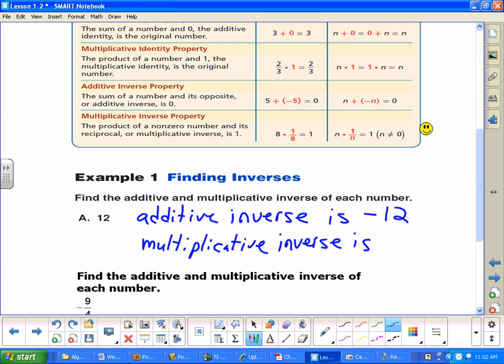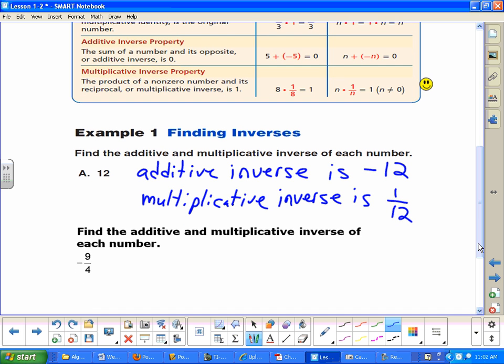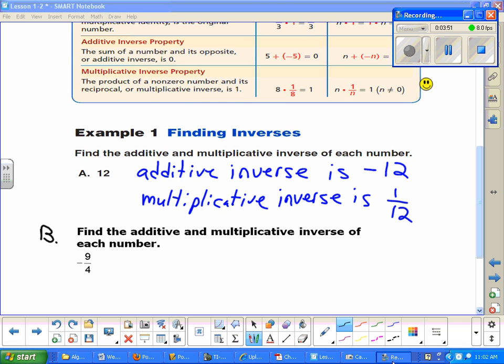And the reciprocal of 12 is 1 over 12. All right, so you find the additive inverse and multiplicative inverse of.